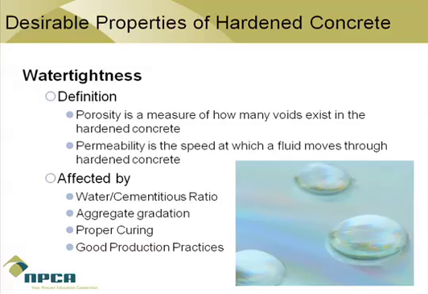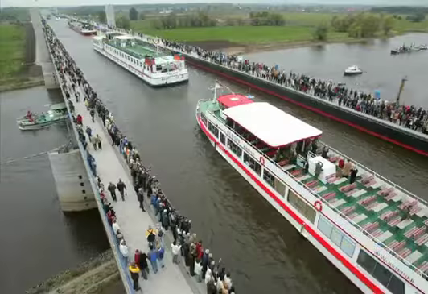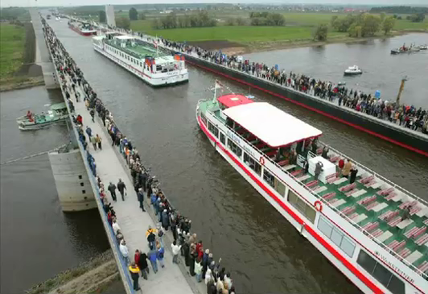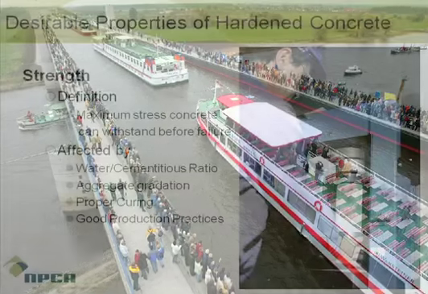We can slow that speed down to where it could take hundreds, even thousands of years to traverse a 6-inch wall. We can also enhance concrete's water tightness with sealants. Here is a photo of the Magdeburg Water Bridge in Germany. As you can see, the Magdeburg Water Bridge is made out of concrete and appears to be very watertight.